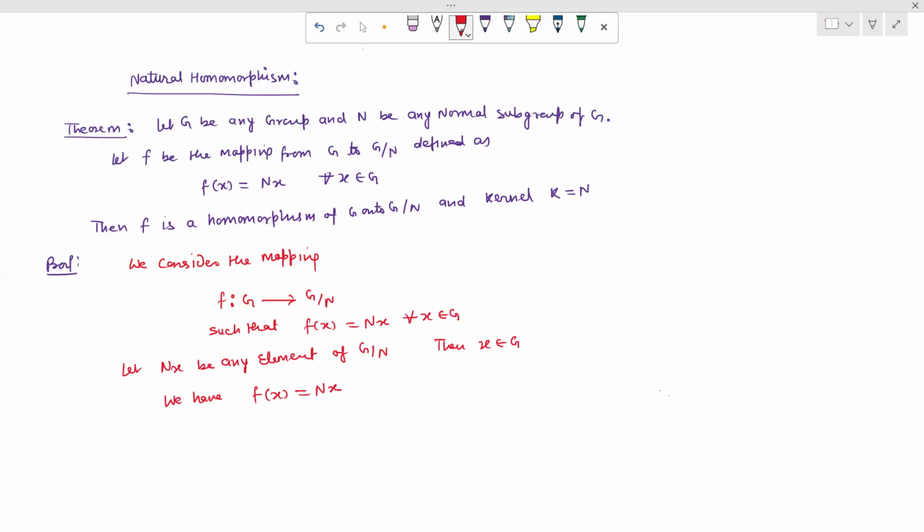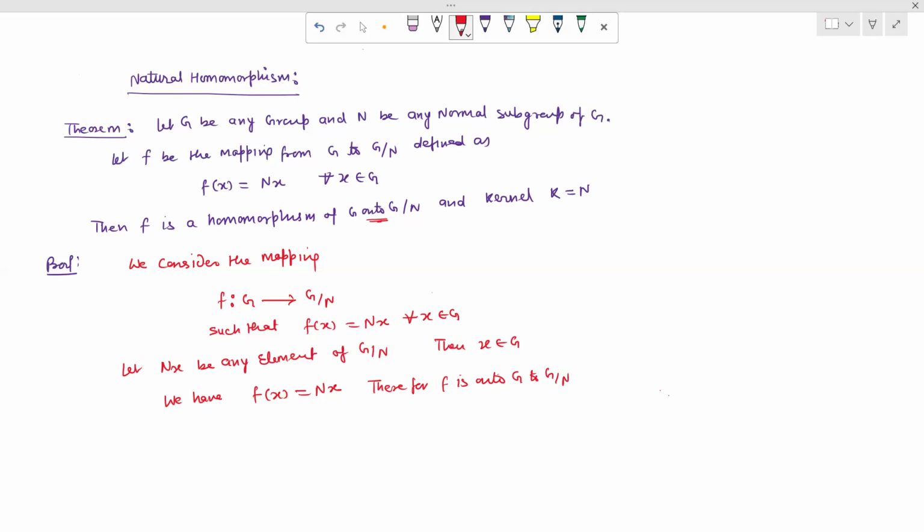So we can say that f is a homomorphism of G onto G by N, because for f(x) = Nx, every element of G by N has a preimage in G. So this is defined as G onto G by N. Therefore f is onto from G to G over N.